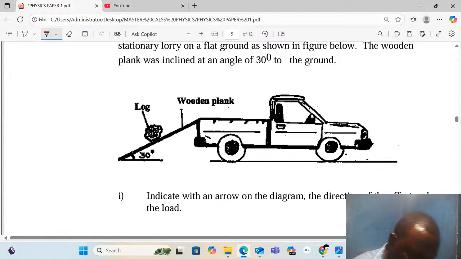Our effort will be moving in this direction. That is our effort. And our load, since it will be exerting some weight downwards like this, that will be our load.